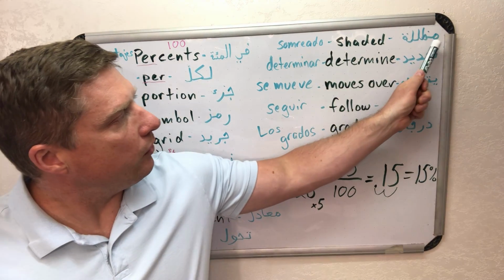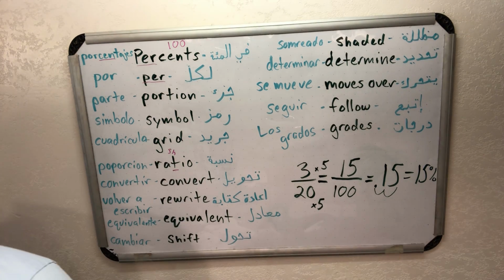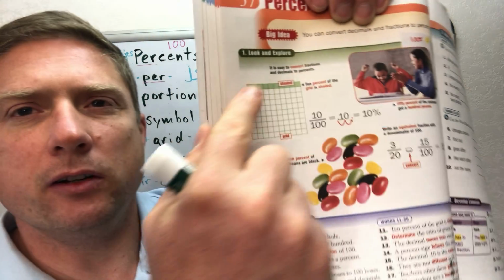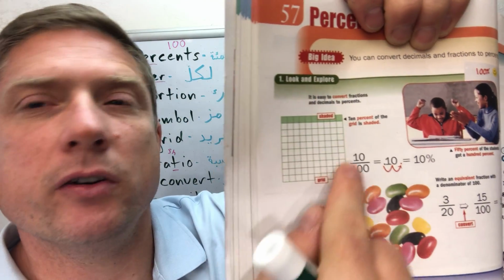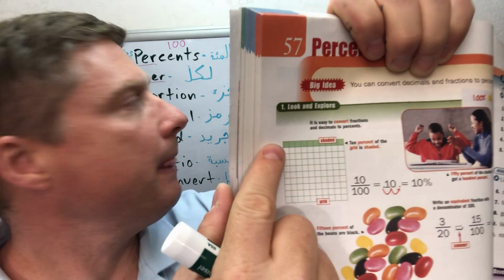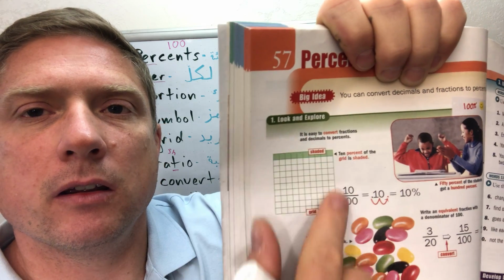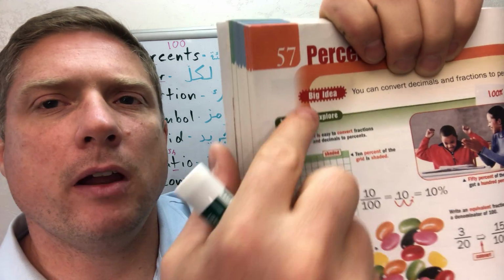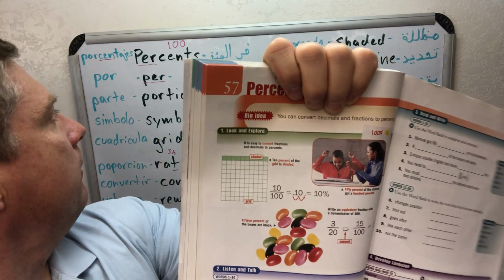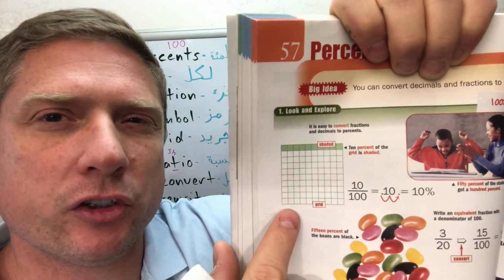Let me switch sides here. Sombreado, مذلة, shaded, shaded. And here we can see in our grid, في الجريد, here's the grid, there's 100 boxes, 10 are shaded. So 10 منهم مذلل. 10 are shaded. So ايش نسبة بالمية الذي مذلل? What's the percent that are shaded?